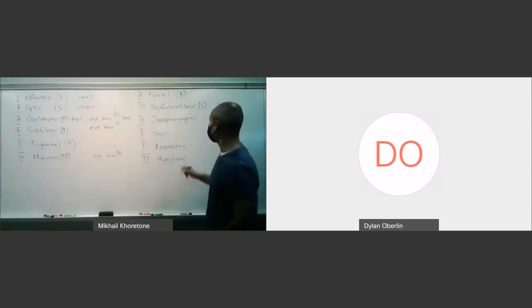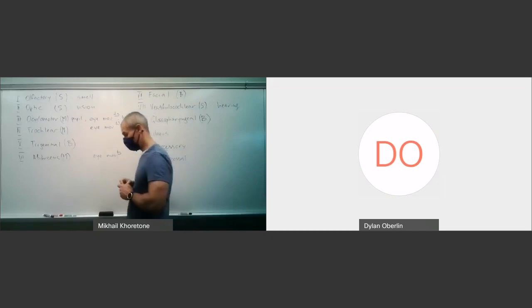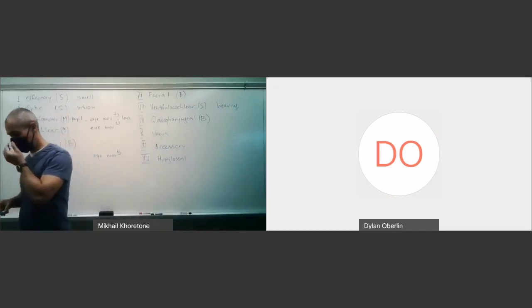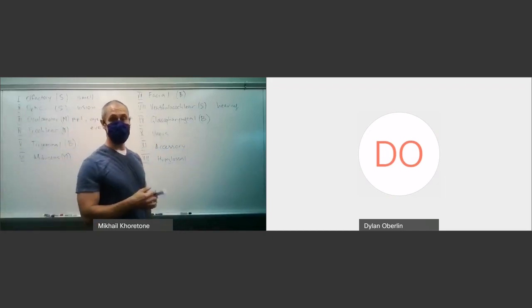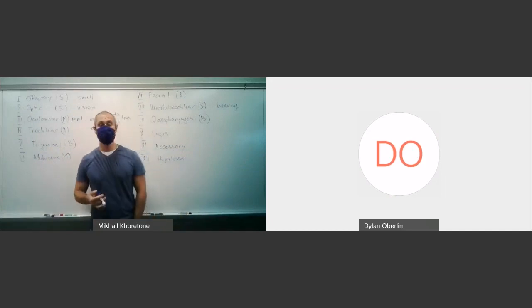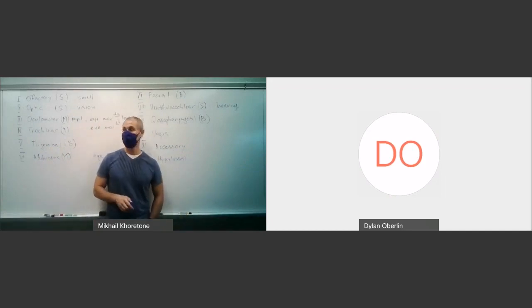Now, glossopharyngeal. Both motor and sensory. So sensory component, glossopharyngeal nerve conveys taste from the posterior third of the tongue. Does that make sense?